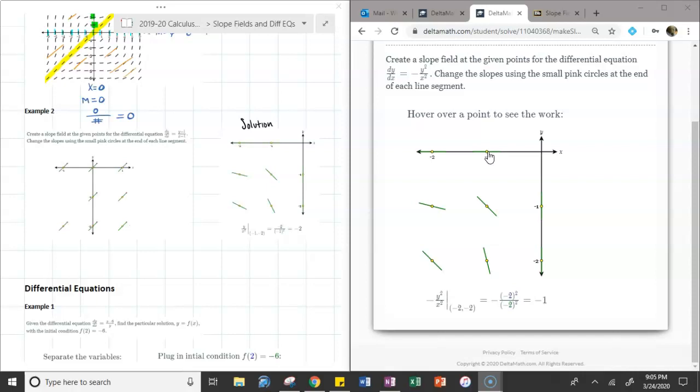We sub in (-2, -2), we've got a slope of -1. Parallel to the slope at (-1, -1), and subbing in (-1, -2), we get a slope of -4, so it's more steep. So you're going to estimate those slopes, and again, you only have to do one of these on Delta Math.